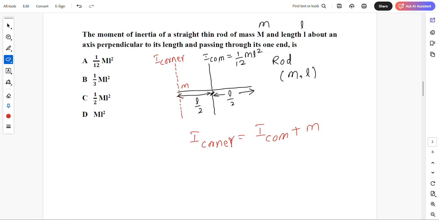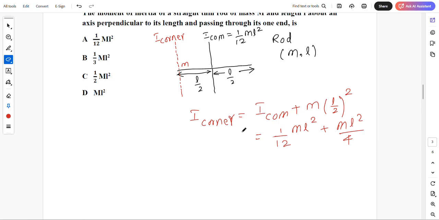What is the distance from the axis passing through the center of mass to the axis passing through the corner? That is m times L by 2 the whole square. How much is I COM? That is 1 by 12 M L square plus M L square by 4.